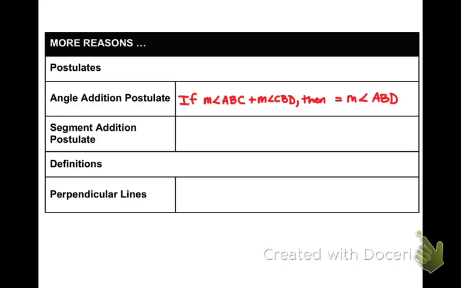Right, when you add two angles together to get to a whole angle, that's our angle addition. The same thing's true for segment addition. So if AB plus BC, then it would be equal to AC.